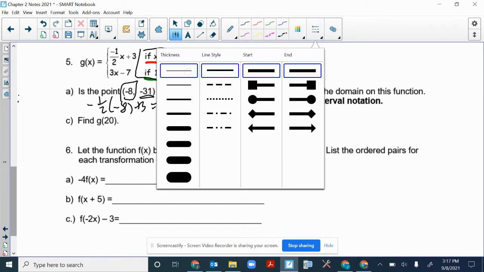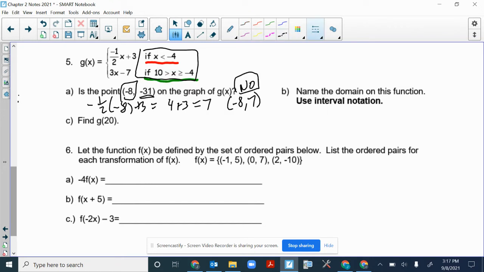So then the next thing is the domain. Now, with the equations we're going to give you for piecewise, normally, -1/2 x plus 3 has a domain of all reals. 3x minus 7 also has a domain of all reals, but we're basically stopping each graph. So if you need to, you can graph them if you wanted to. Or you can just look at these and kind of put them together.